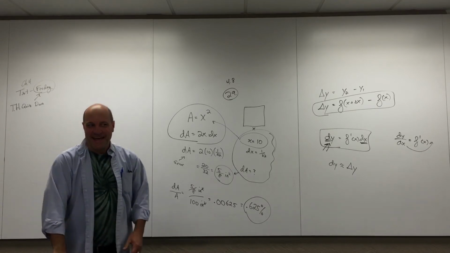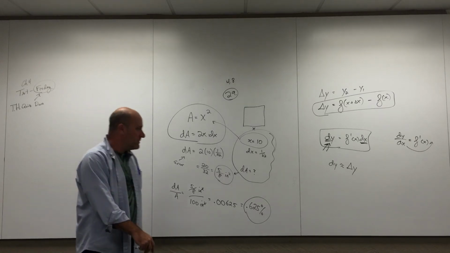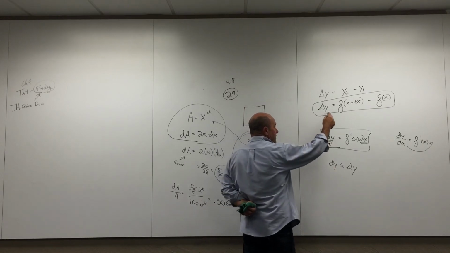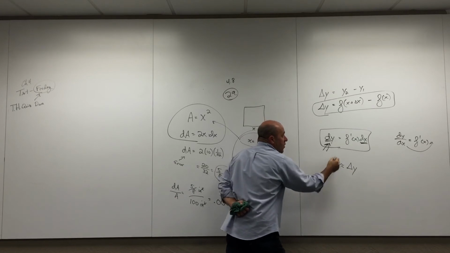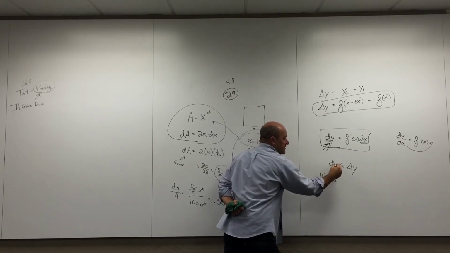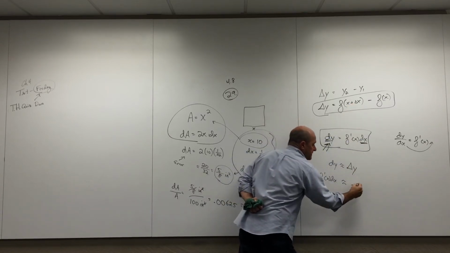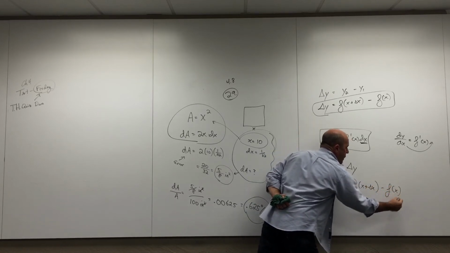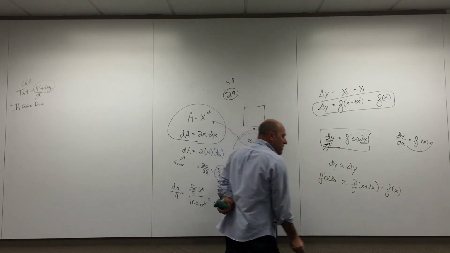But the other kind of problem I like in 4.8 is something different. Can I show you something different? Watch this now, because I don't want to confuse you. When I start to tie these together, watch what happens. If this dy is f prime of x dx, and it's approximately equal to delta y, then I do one move on this.